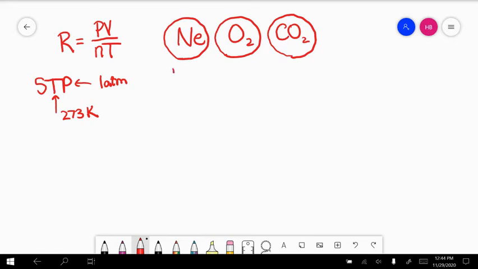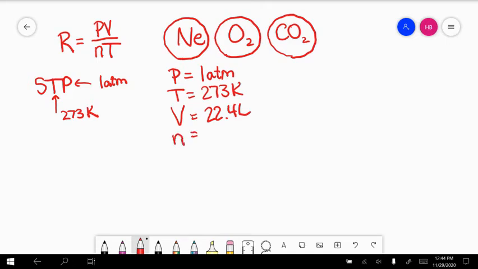If the pressure for all of them is the same, and the temperature is the same, then the volume is all going to be the same. And also the number of moles is going to be the same for all of these.